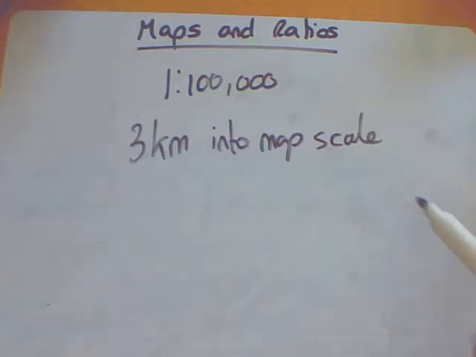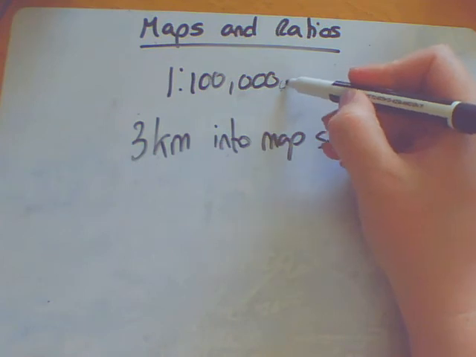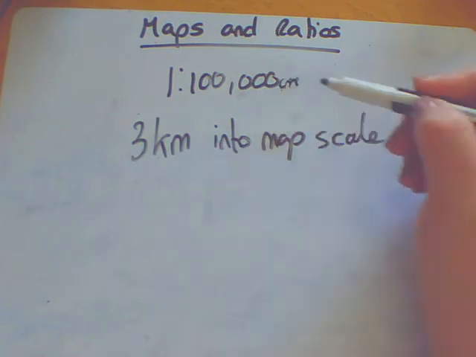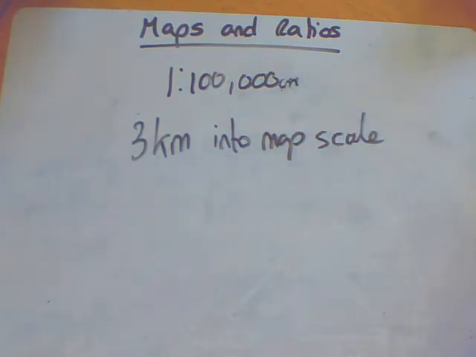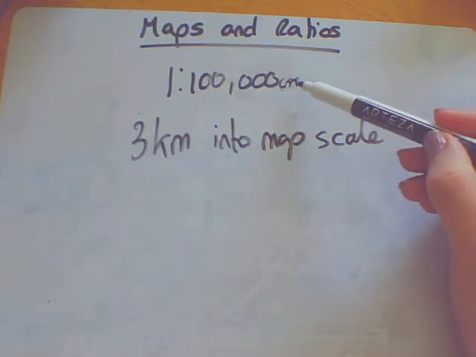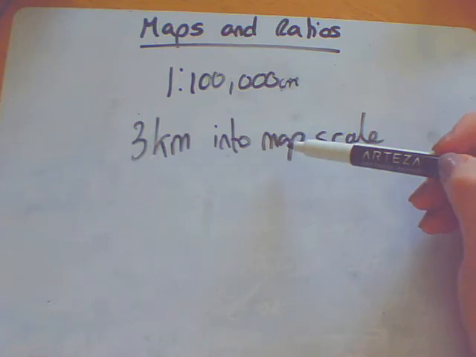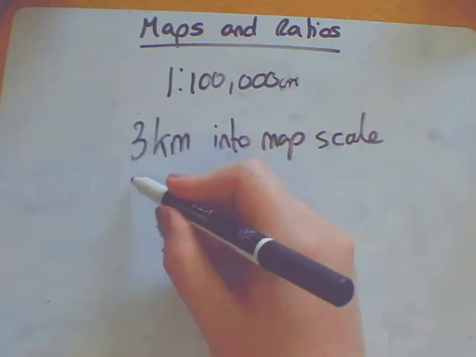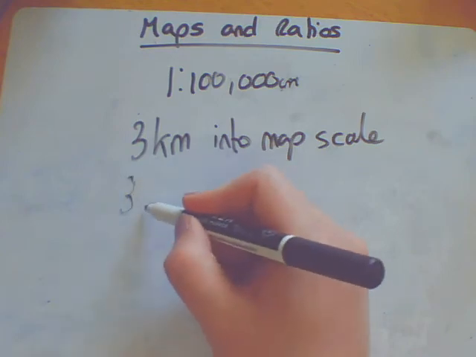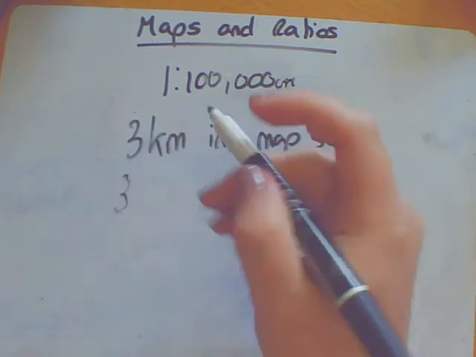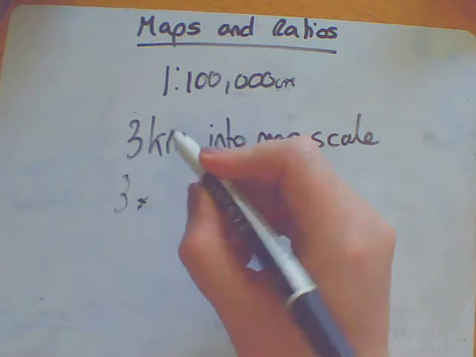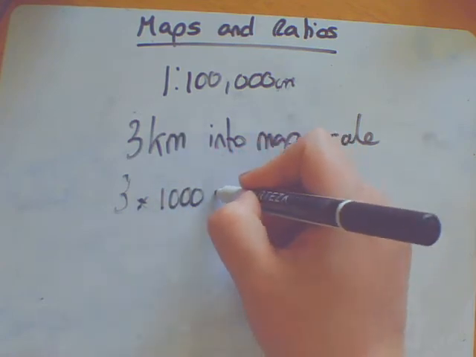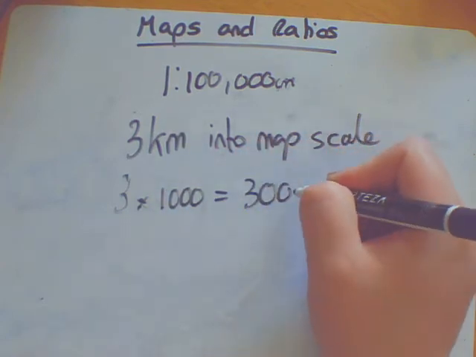So here we've got our scale. It's 1 centimetre to 100,000 centimetres. Now you'll see the value they've given us is 3 kilometres this time. Now because my ratio is in centimetres, I need this to be in centimetres. So we're going to reverse what we did before. So 3 kilometres, I'm going to times that by 1,000, which is going to give me 3,000 metres.